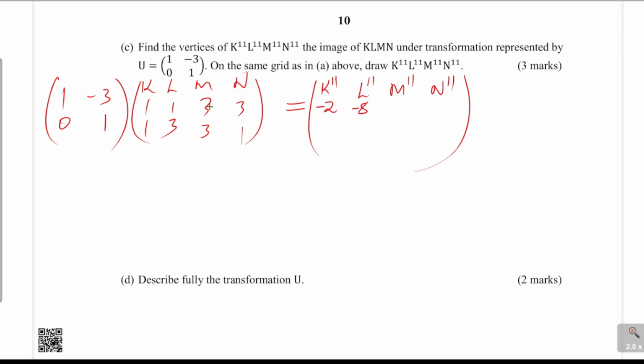Then this is a 1, this is a 3, subtract 3, this will be 3. So it will be 3, subtract 9, that will be -6. Seen it? And then N, this is a 3, subtract 3, that will be 0. I'm through with row 1.